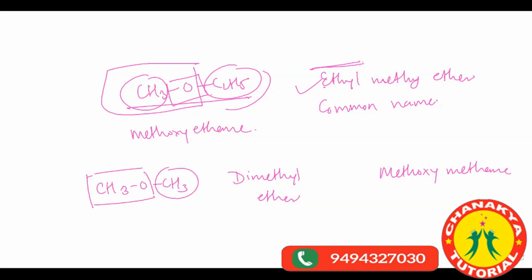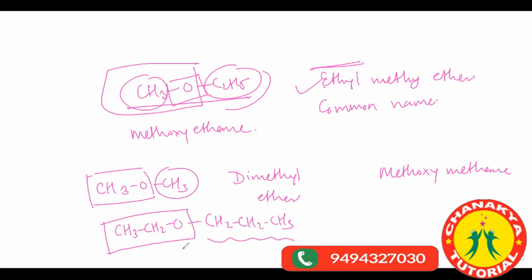Okay? Suppose instead, CH3CH2OCH2CH2CH3. Then in this case, what will you check? This will be your ethoxy group, and this is your propane, correct? Yes or no?